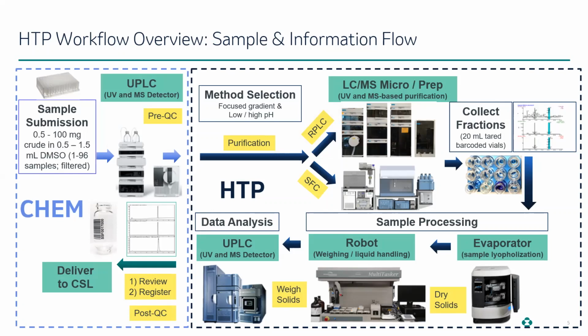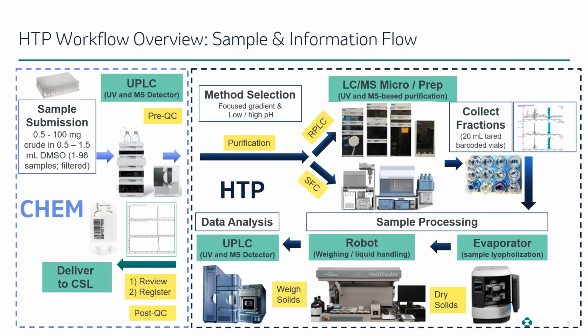And if necessary, precise liquid handling for dilution, sonicating and vortexing, liquid transfers and reformatting of material. So after this is all done, a final QC is performed and reports are submitted back to the chemist.